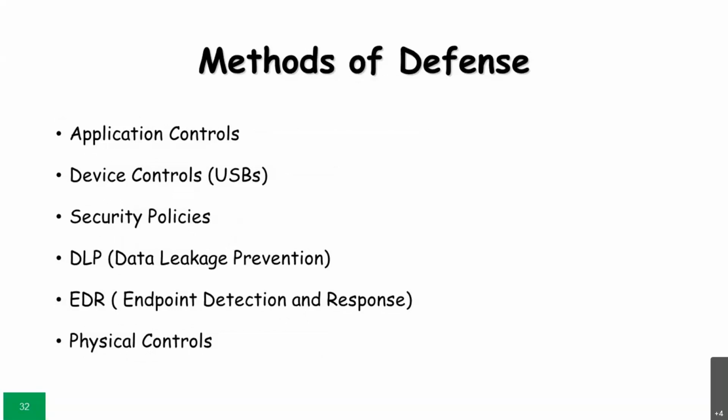These are some methods for defense. Application control, device control. Devices means our CDs and USB pen drives. We should use these in a controlled and safe manner by applying security policy, data leak prevention, endpoint detection and response, and physical controls.